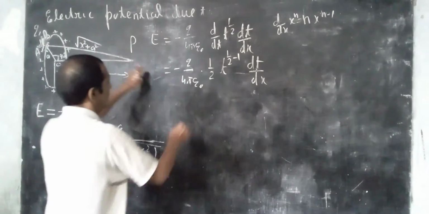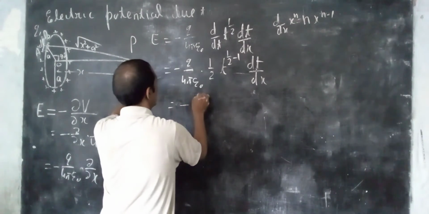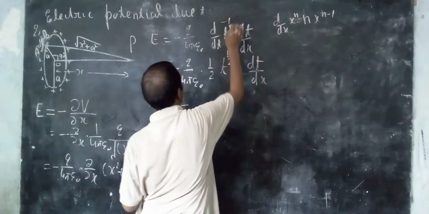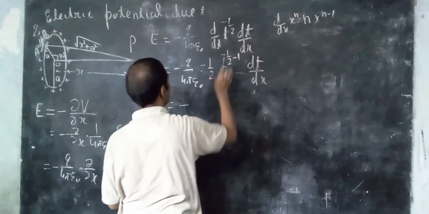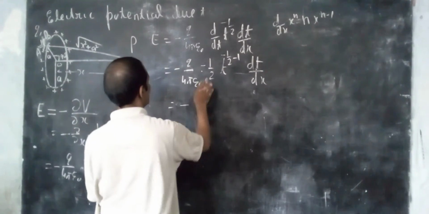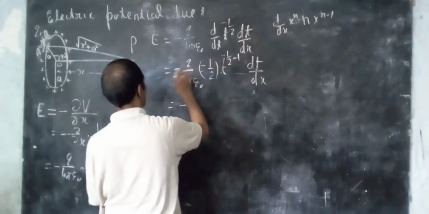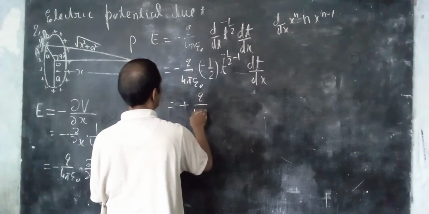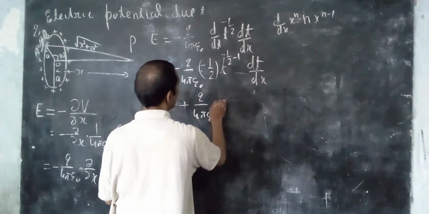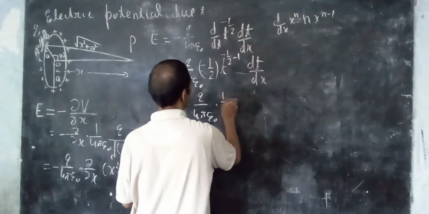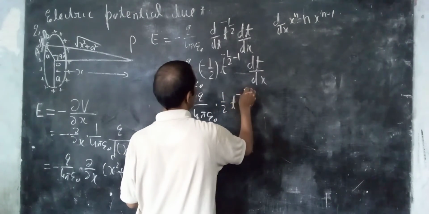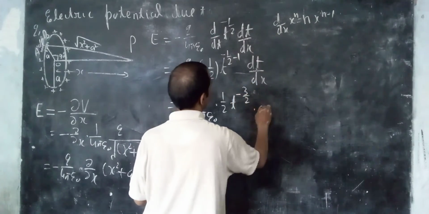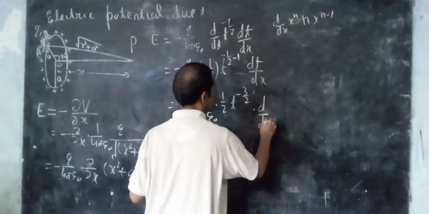Now this becomes negative; this is minus, negative power, so write negative. माइनस प्लस. ठीक है, और q upon 4 pi epsilon naught, 1 by 2 t raised to power minus 1 by 2 minus 1, that is minus 3 by 2, dt by dx.